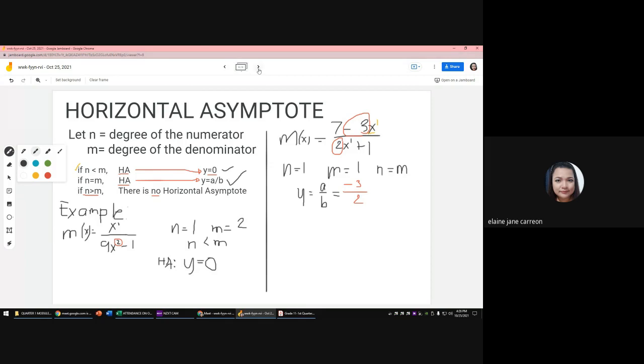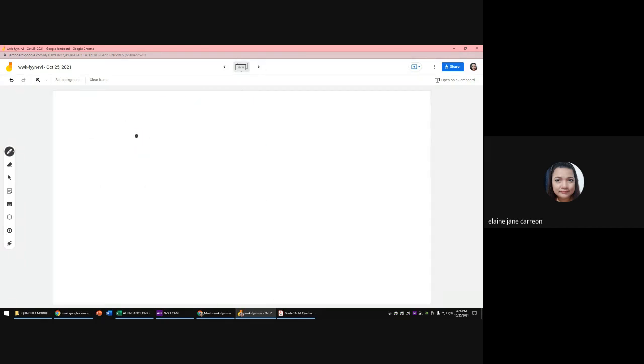Another example. m of x is equal to, still an example, 4x cubed over 1 minus x squared. Can you see the degree of n? So, what is n? 3. Very good. What is m? 2.